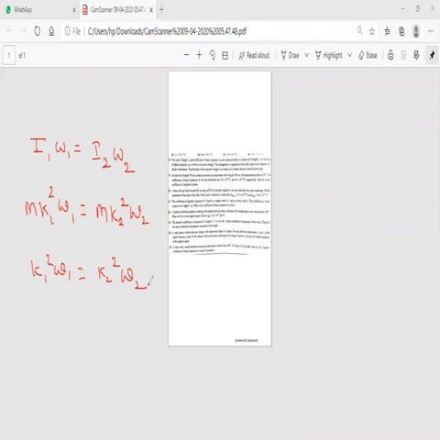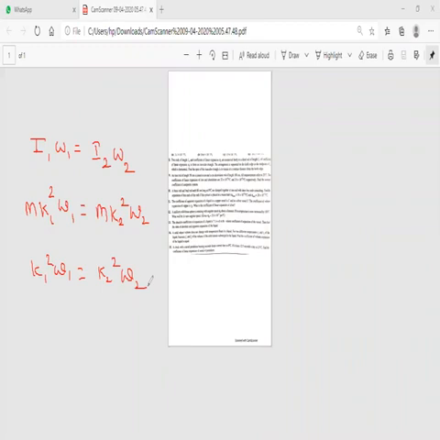Where k1 and k2 represent lengths only. K1 always represents the length value only. So what will happen when it is heated? Definitely the radius or length will increase, only linear expansion you have to consider.